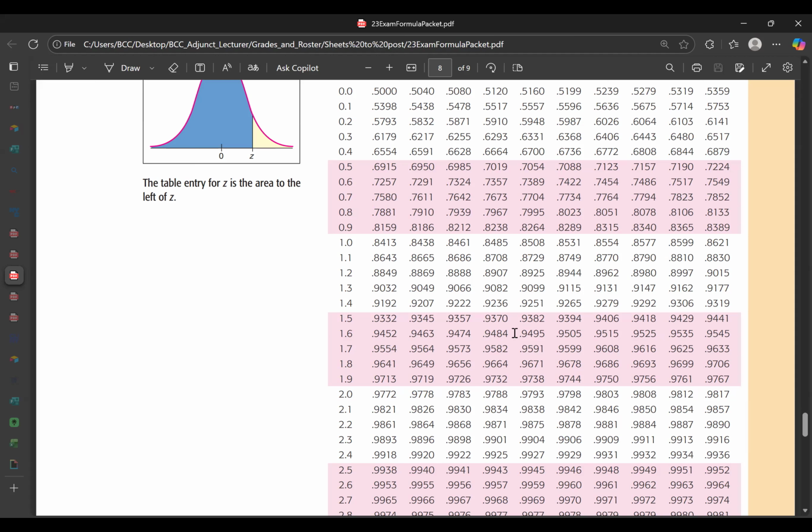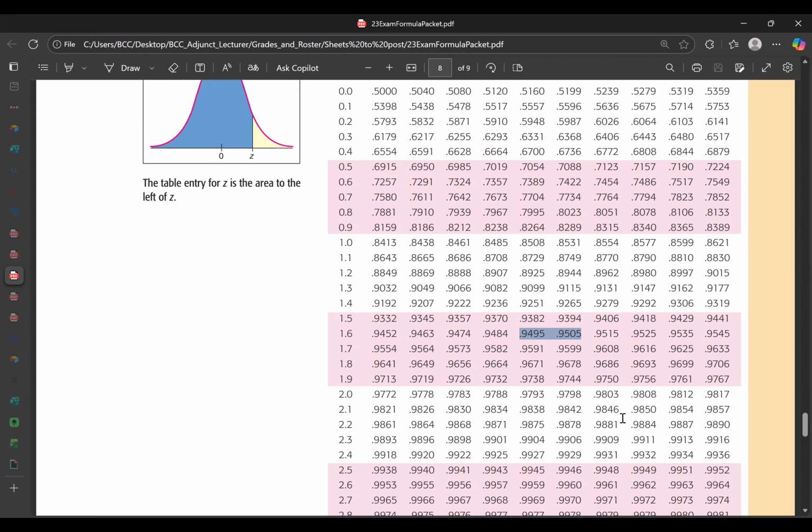You're looking for 0.9500 in the middle of the table. I found it right here. For this one, it's in between, right? But it's right there in the middle.